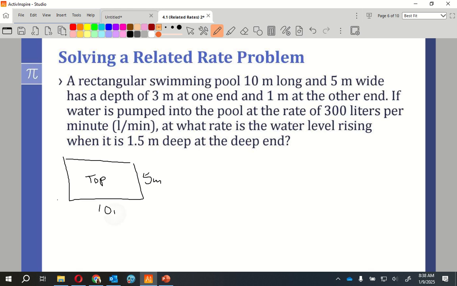Now, this next piece is probably going to get us the most in trouble. Side view. This is 1 meter on this side. This is 3 meters on this side.